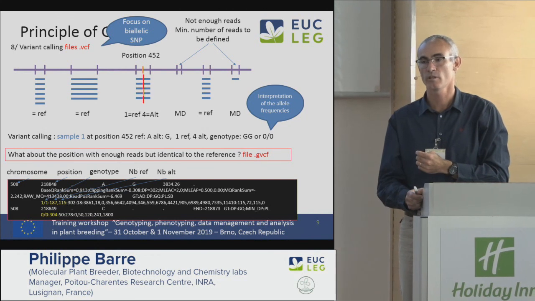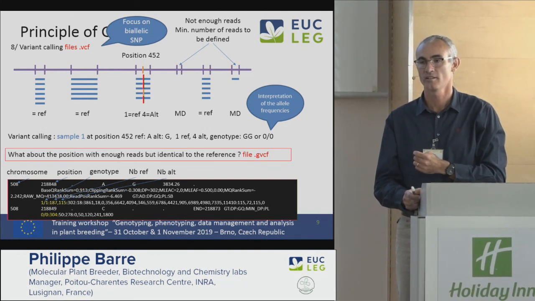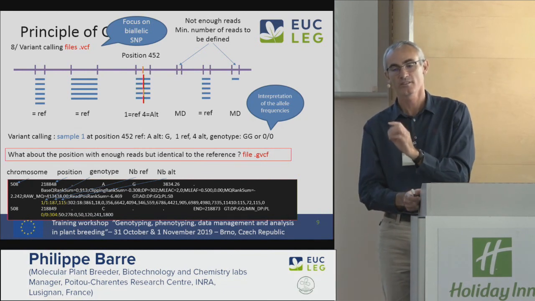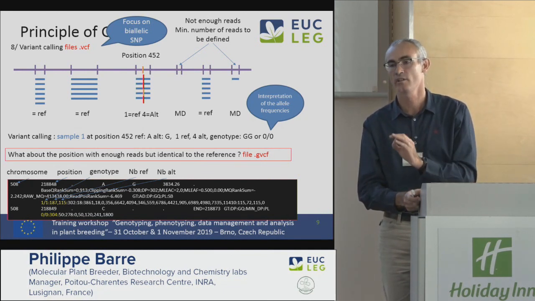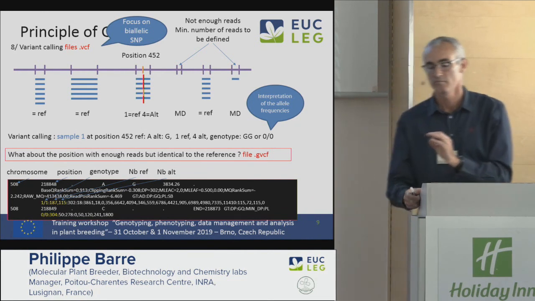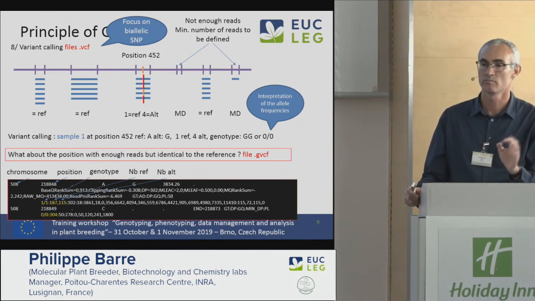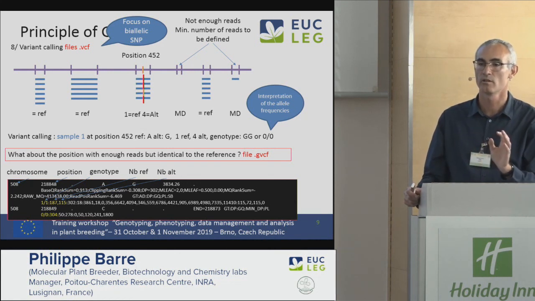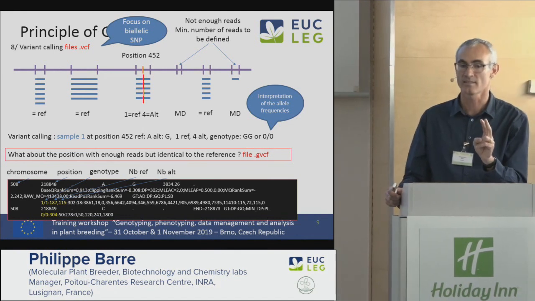In fact, when you look at publications, when you have the information, because sometimes you don't have the information, you have people with 5. For a diploid, it's not a problem. They would call. Even with 2, sometimes. Yes, that's true.